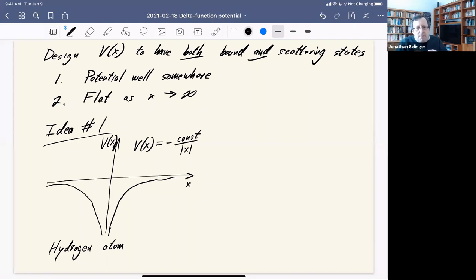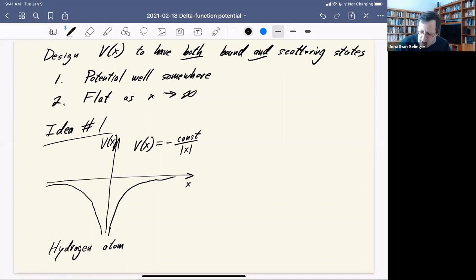And so it might be bound in an orbit around the proton, or maybe it can escape if it has a high enough energy, and then the atom would be ionized. This is a great example, and we will do this near the end of the semester when we are doing quantum mechanics in 3 dimensions. It's kind of the killer app for quantum mechanics. It's a great problem, but it's too difficult for us to do yet. We have to postpone that one.